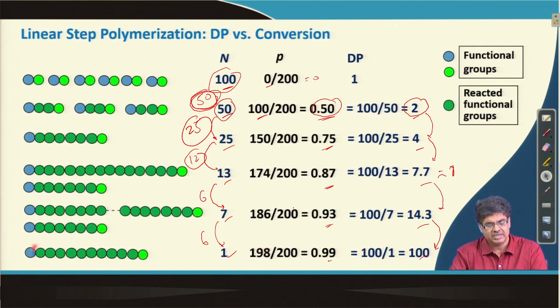So in the last step, the degree of polymerization increased by 7 times here. By reacting only 6 molecules, the degree of polymerization increased 7 times. Now can you think why it happens? Initially 50 molecules reacted, but degree of polymerization just doubled, but here only 6 molecules are reacted and degree of polymerization increased by 7 times. Why is it happening so?